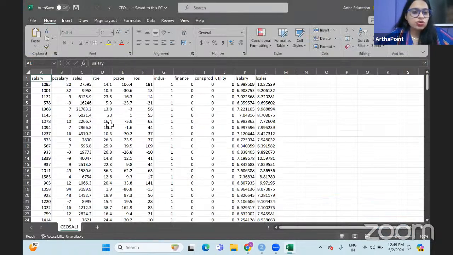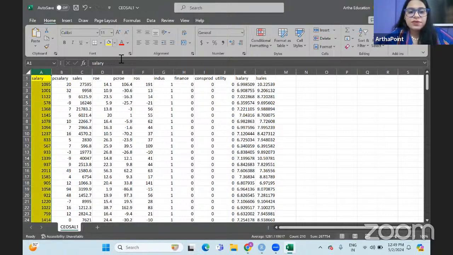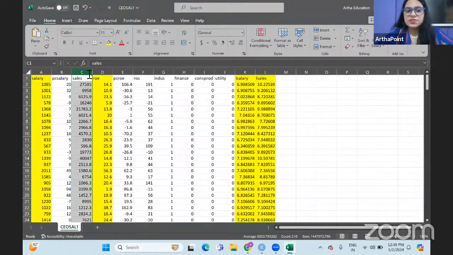I am just trying to show you this data set. So the entire question wants us to work on salary. We will be working on the return on equity. We will be taking the variable log of salary. We will be taking the variable log of sales, and we will be taking the variable sales. So these are the columns that we are interested in.